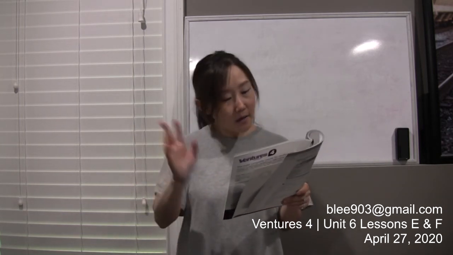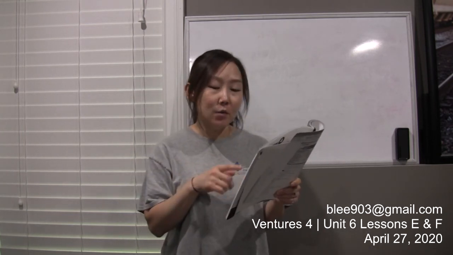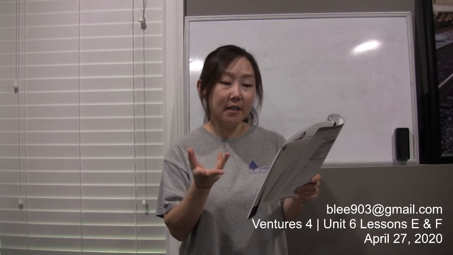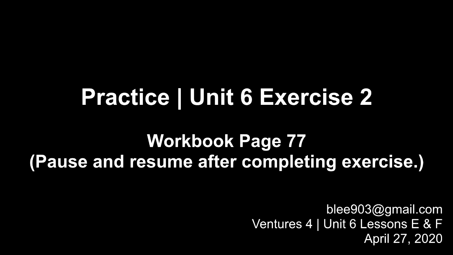And then let's take a look at number 2 together. Email is such a convenient way to communicate that people no longer write letters. So this time we use such because we can see the adjective convenient and the noun way. Okay, so go ahead and take some time to complete this exercise and then we will look at it together.